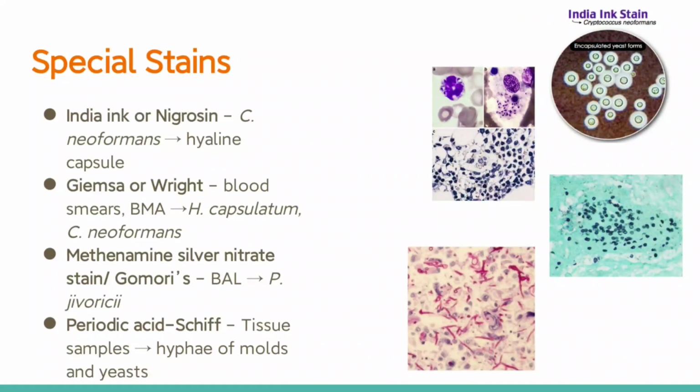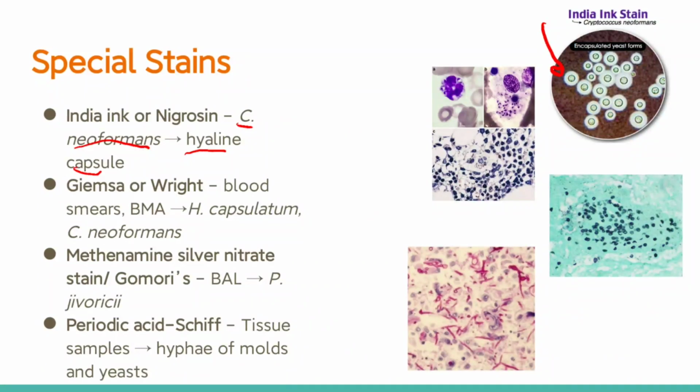So, next we have these special stains. First, we have India ink. India ink, alam na natin yan, or Nigrosin, para kanino? For Cryptococcus neoformans. So, makikita nyo dyan, the Cryptococcus neoformans have hyaline capsule. Ito, clear yung capsule nila under a black background.